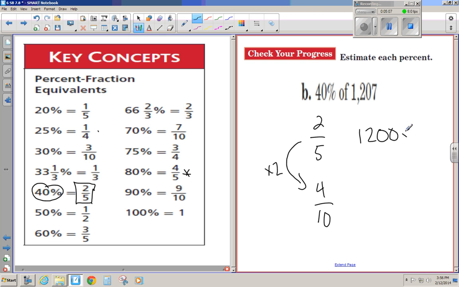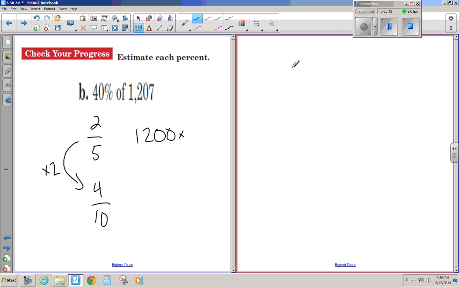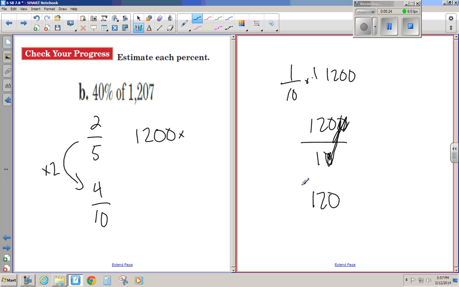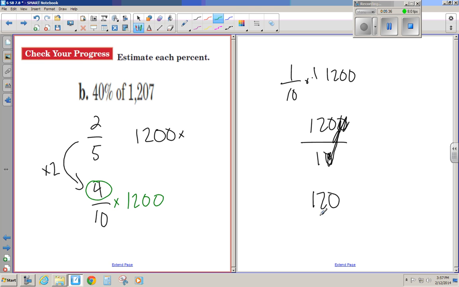And earlier we said, well, let's pretend for a minute, and let's just say, what is 1/10 of 1,200? Well, divided by 10, the zeros cross out, and it's 120. Well, we have 4 of them. So that means 4/10 times 1,200 is the same thing as 4 times 120, which gives us 480.